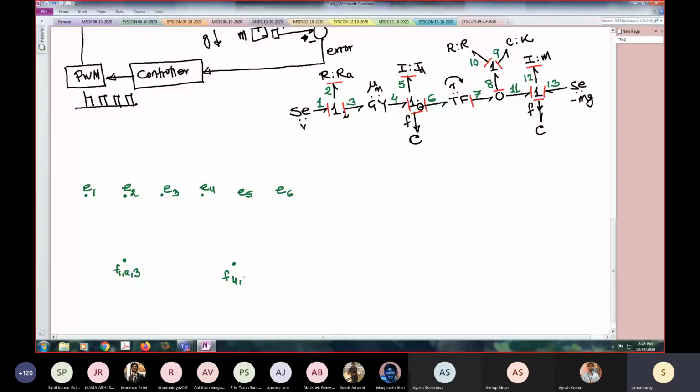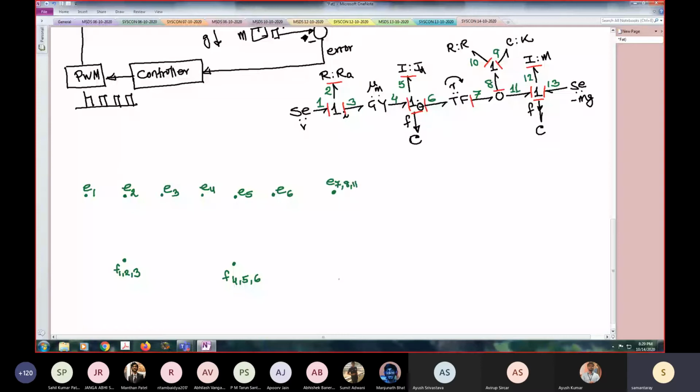Then we have a zero junction, E7, 8, 11. Effort 7, 8 and 11 are same, so I will put a node. Efforts 7, 8 and 11 are same at a zero junction.